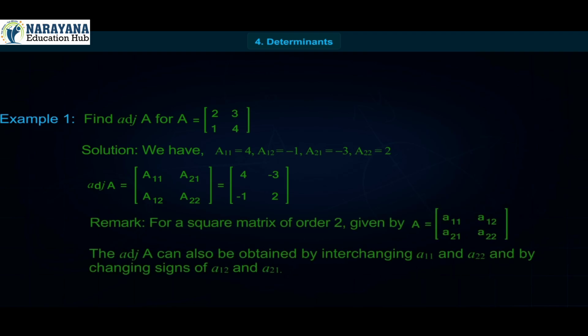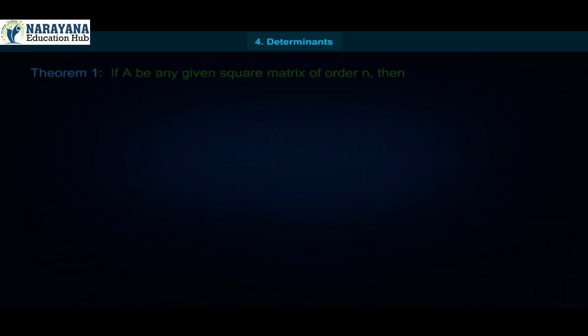Remark. For a square matrix of order 2 given by A = [a11, a12; a21, a22], the adjoint A can also be obtained by interchanging a11 and a22 and by changing the signs of a12 and a21.